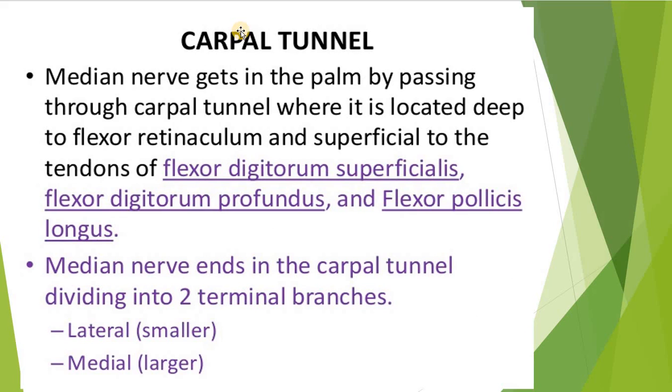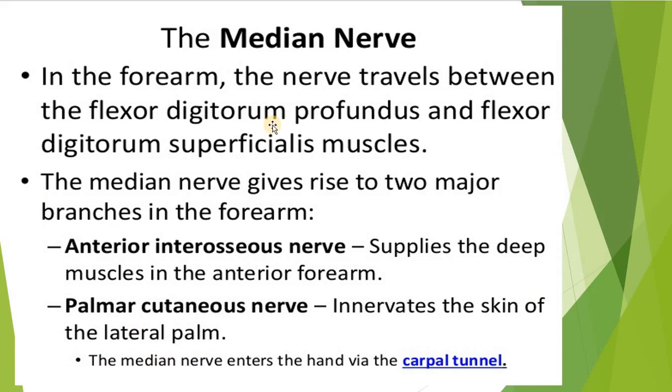The median nerve gets into the palm by passing through the carpal tunnel, which is located deep to the flexor retinaculum and the superficial tendons of the flexor digitorum superficialis, flexor digitorum profundus, and flexor pollicis longus. The median nerve ends in the carpal tunnel, dividing into two terminal branches, lateral smaller and medial larger. In the forearm, the median nerve travels between the flexor digitorum profundus and the flexor digitorum superficialis.